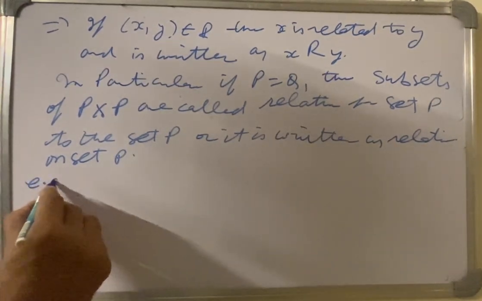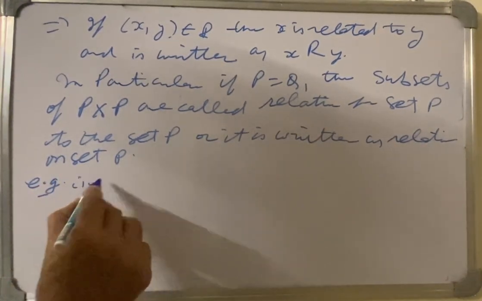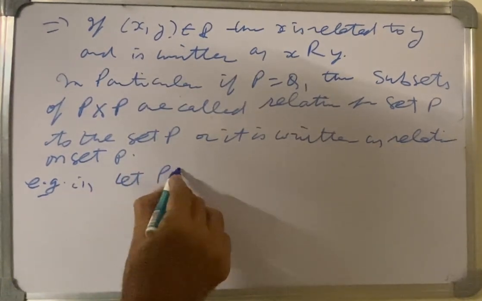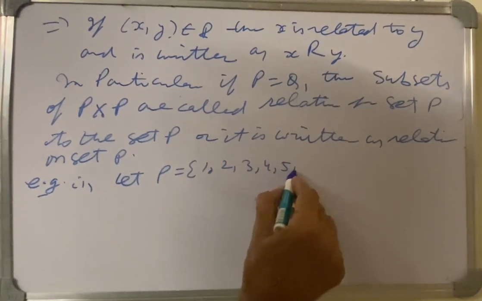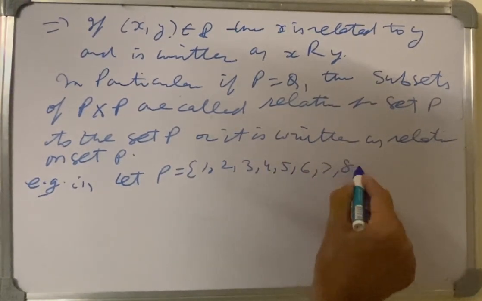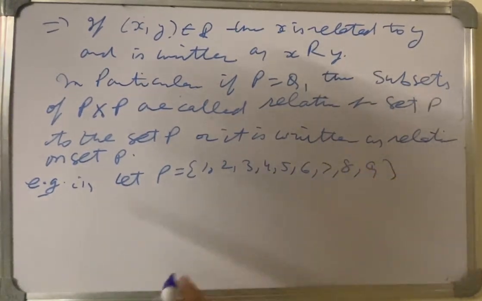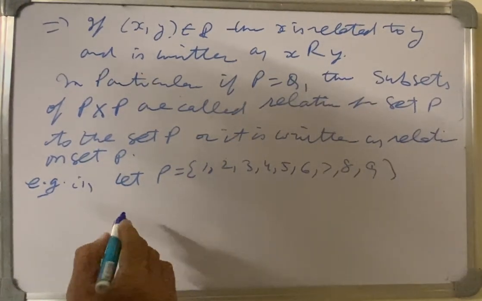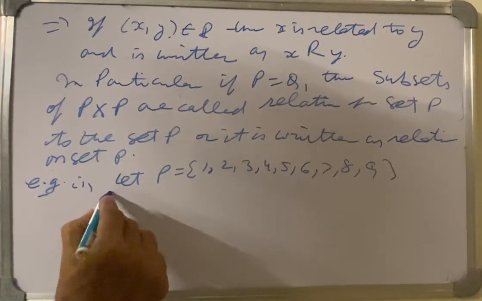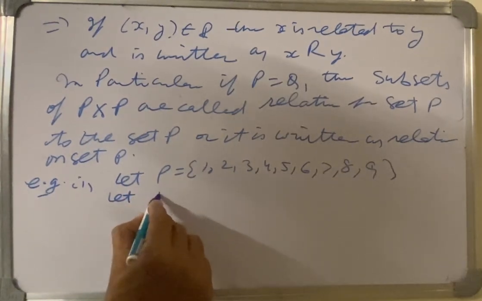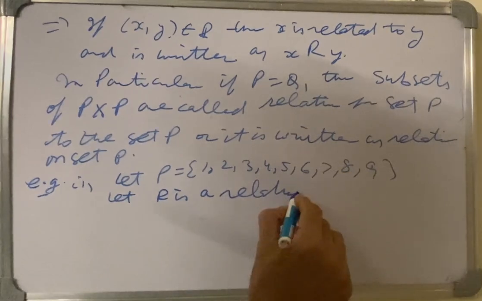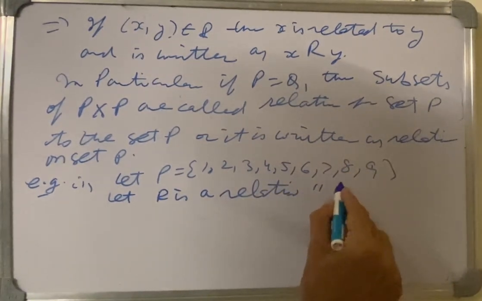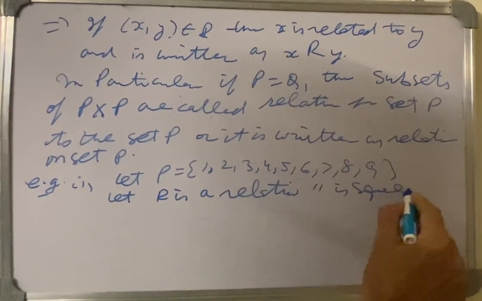Let us take an example. For example, number 1, let P is {1, 2, 3, 4, 5, 6, 7, 8, 9}. Then let R be the relation 'is square of'.